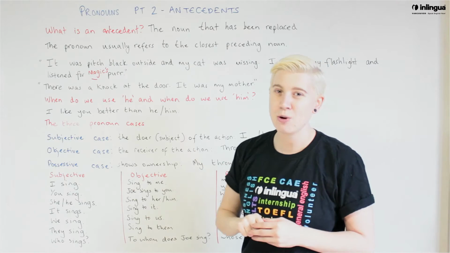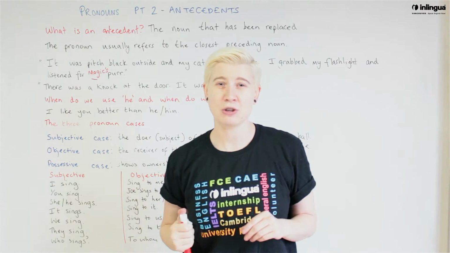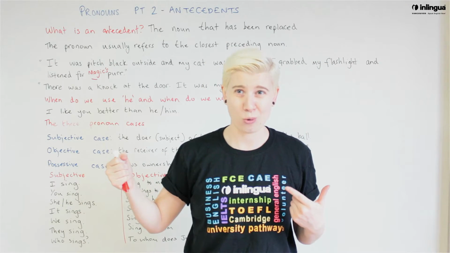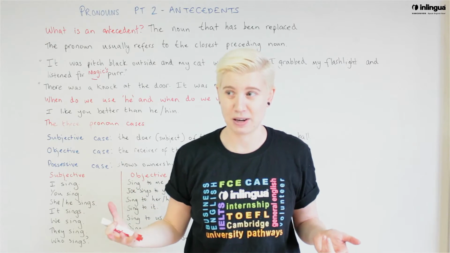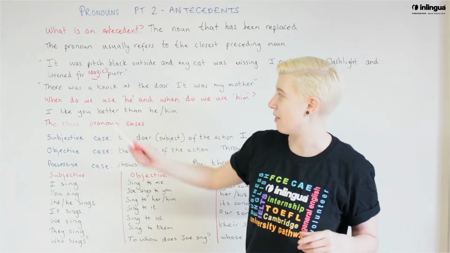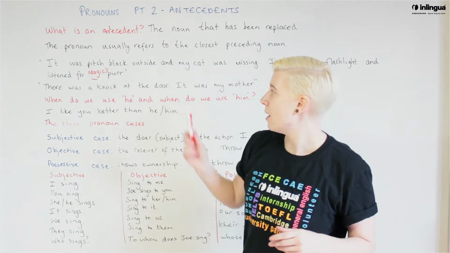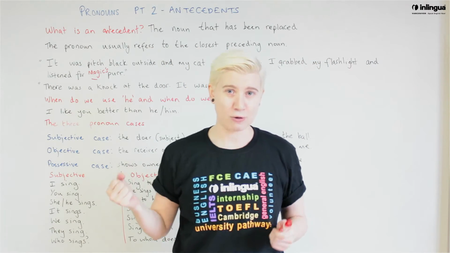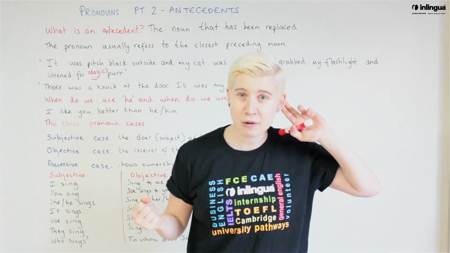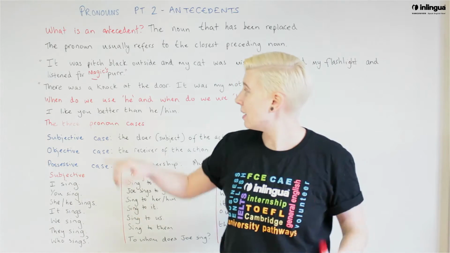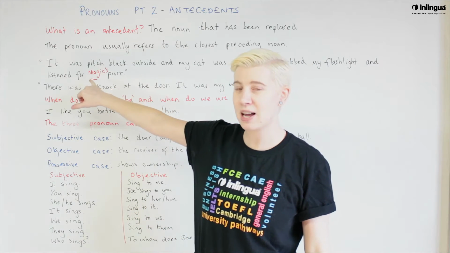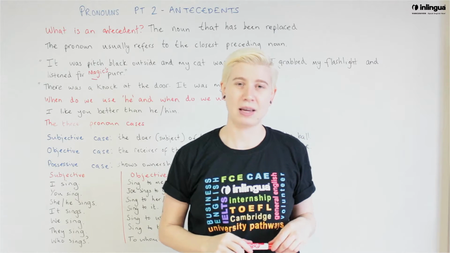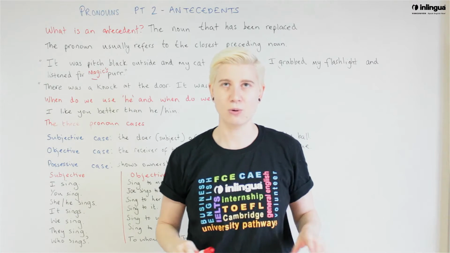And now reading that sentence, you are not going to think that my flashlight is called Magic and is purring. You're going to understand that that's my cat's name. It was pitch black outside and my cat was missing. I grabbed my flashlight and listened for Magic's purr. Now the purr belongs to Magic. Magic is the name of the cat. The sentence is no longer confusing.